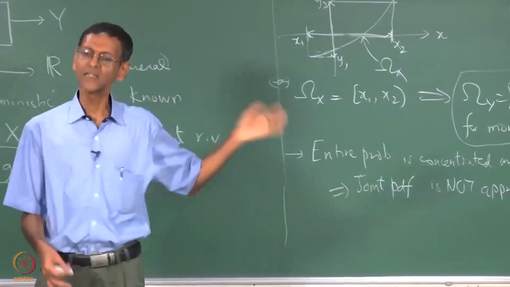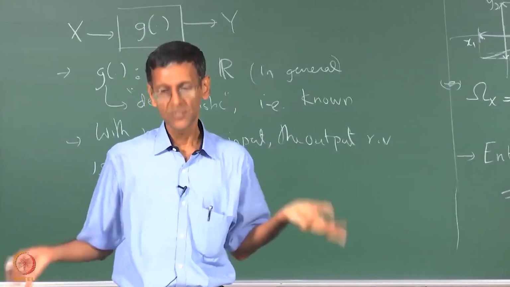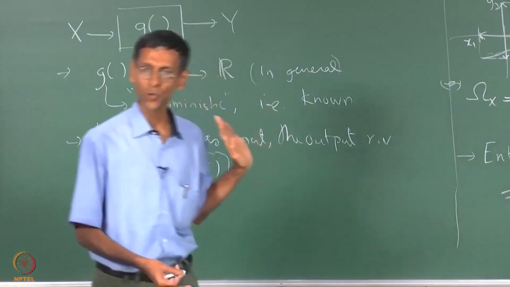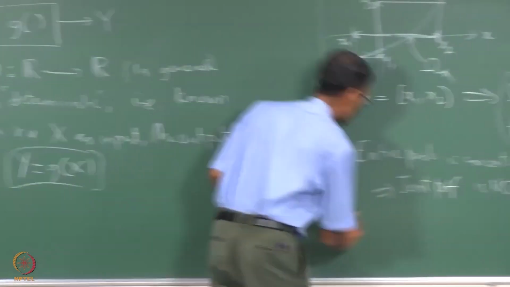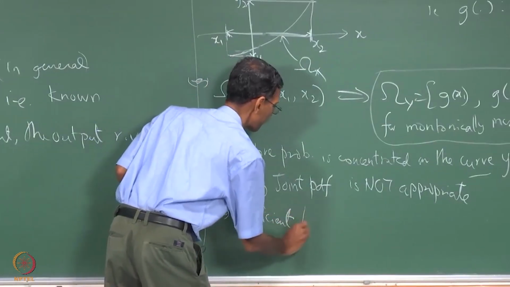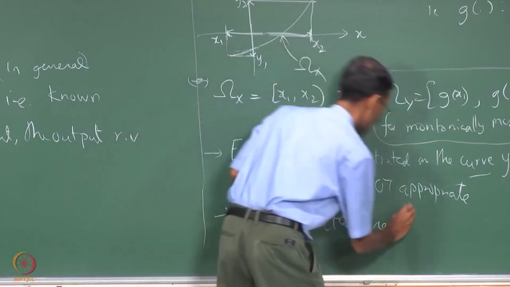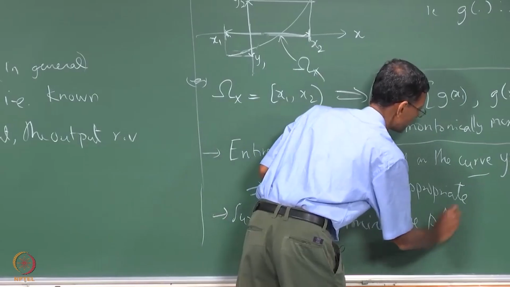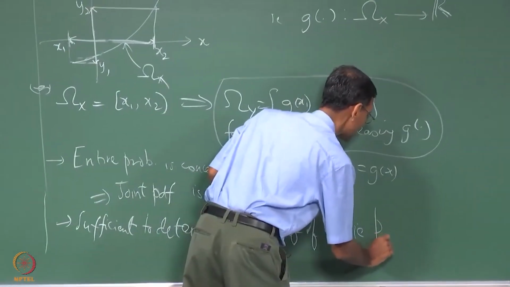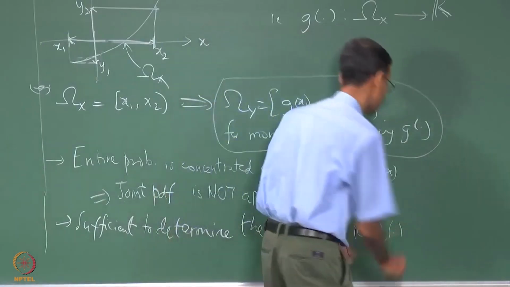So it is sufficient in this case to look at the standard PDF, which we started looking at long back in this course. It is sufficient to determine the PDF of y. Now I am going to have to make a small distinction, the discrete versus continuous.